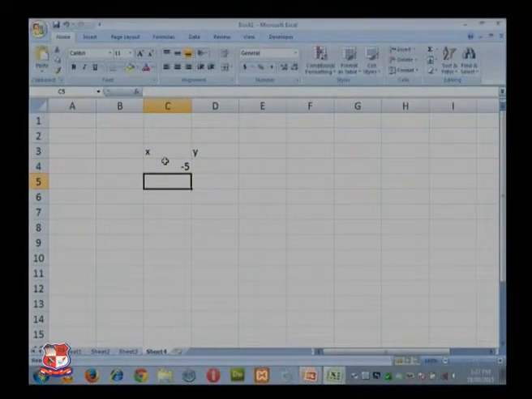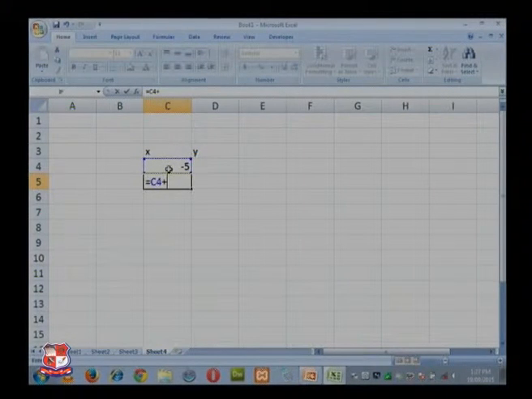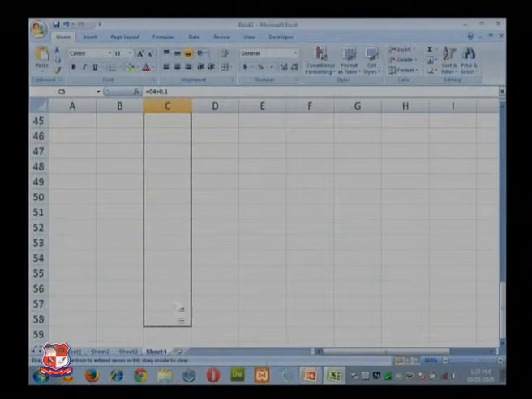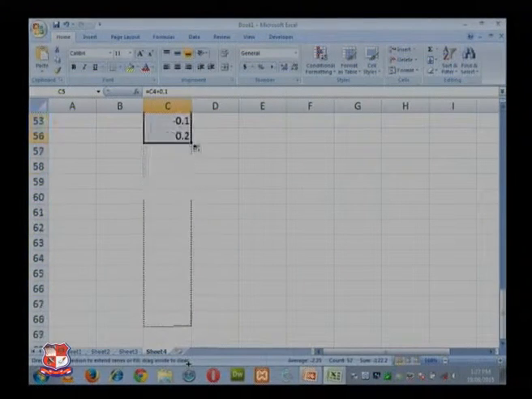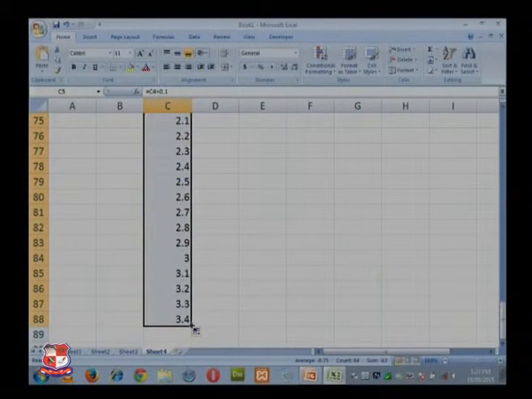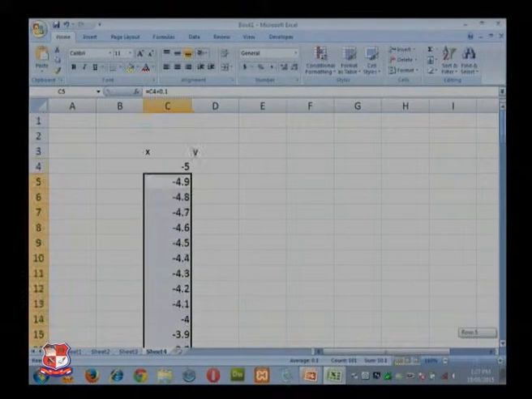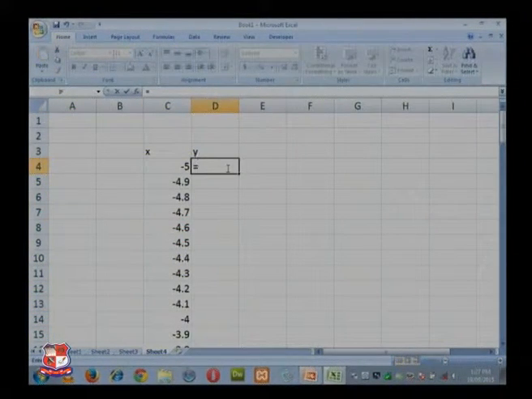Here for x you can take -5 again as usual, and increment it by 0.1. What is the formula? y is equal to 1 by x.